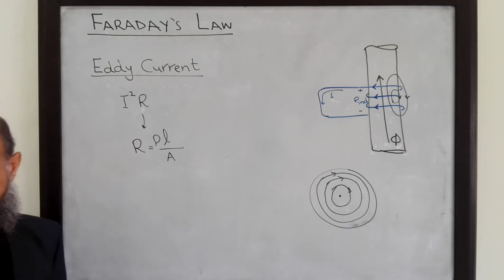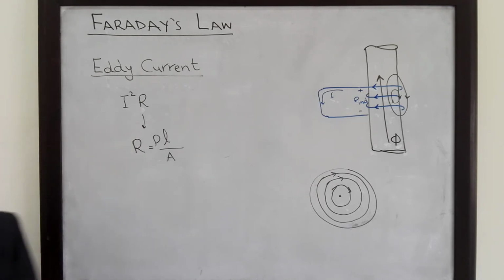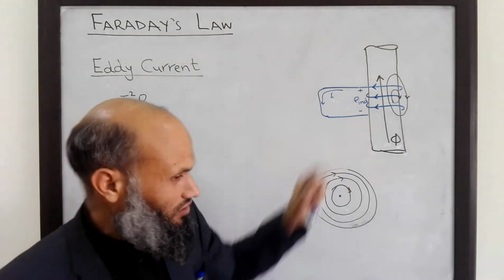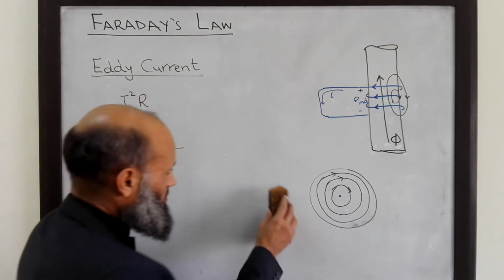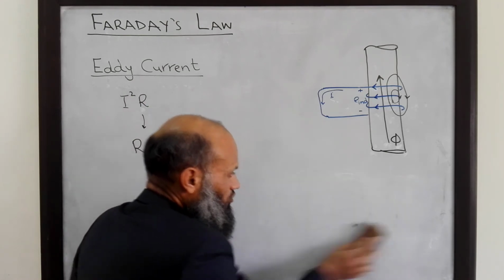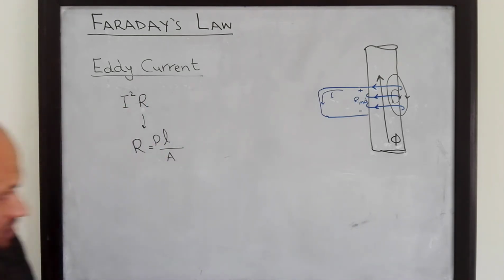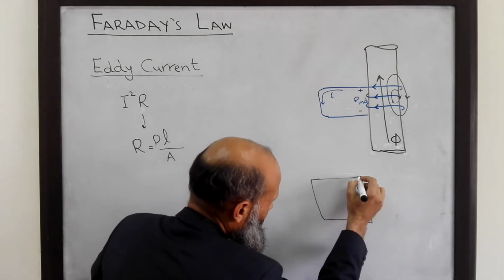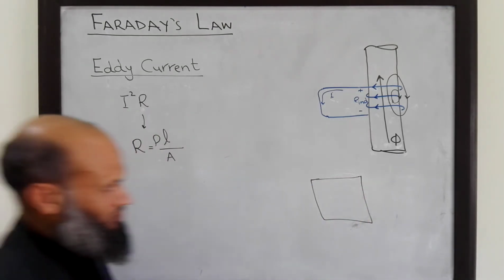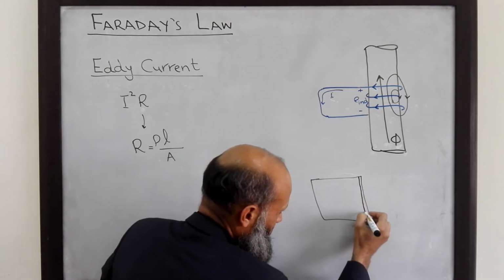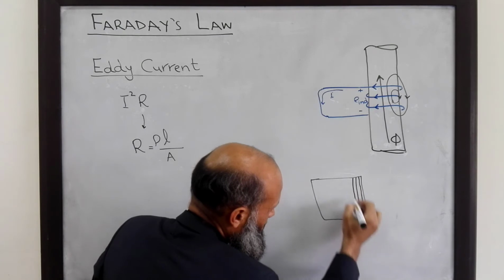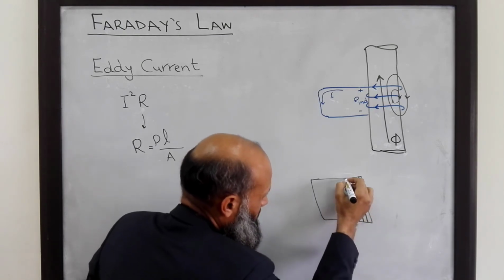An approach that is utilized in electrical machines is to laminate the core. That is, instead of using a solid core, we make the core out of small strips. If we have a rectangular core, we will not use a solid rectangular core. Rather, we shall use thin strips of core.